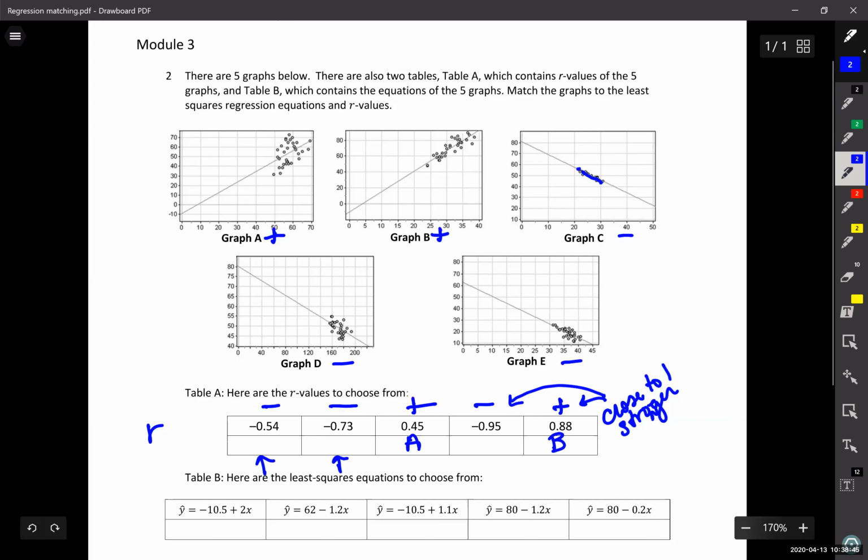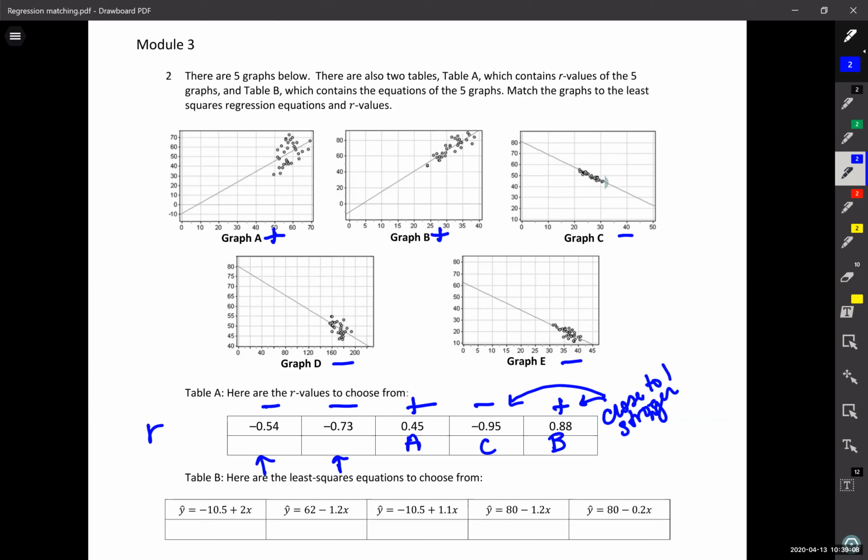The negative means it goes down. So yeah, I confirm that on the graph, it goes down, and the 0.95 means it's practically a straight line. So now with my matching, I really only have 2 choices left. They're both negative. Graph D and E are my last 2 graphs. And I just have to look at the 2 numbers.